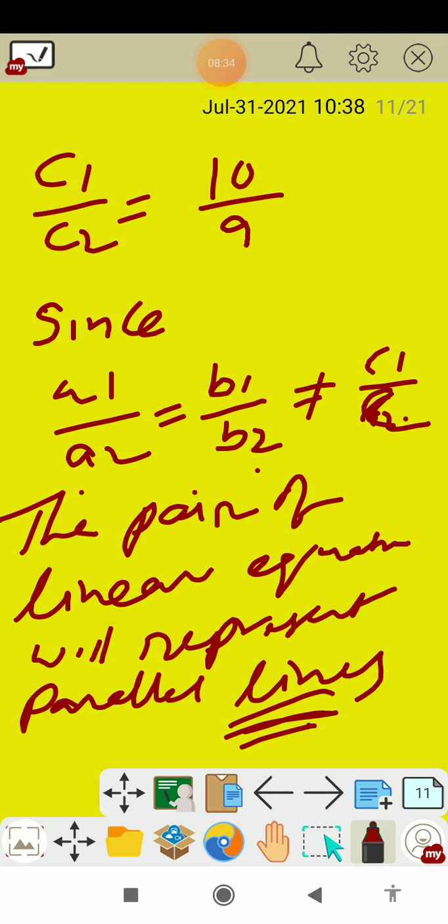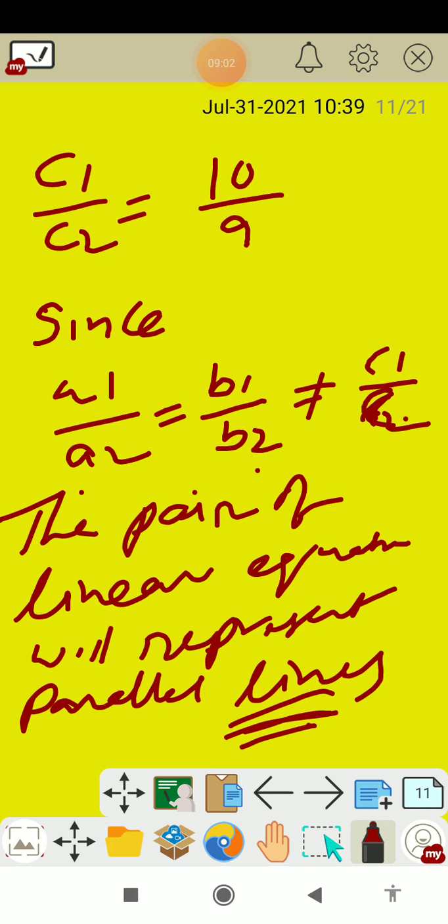Understand, students? In today's class we understood these points. First, remember the form of a pair of linear equations: a1x plus b1y plus c1 is equal to 0, a2x plus b2y plus c2 is equal to 0. Then in the question, you have to tally to get the a1, b1, c1 values and the a2, b2, c2 values.